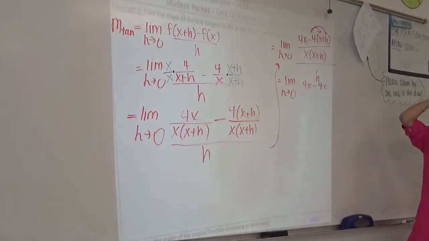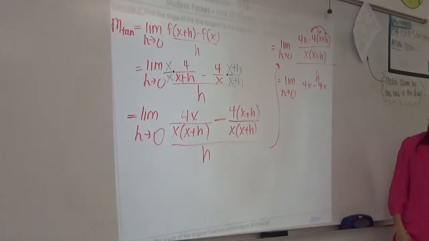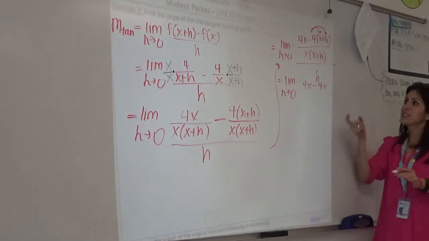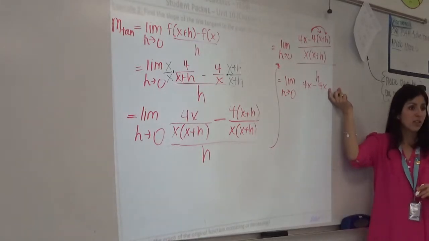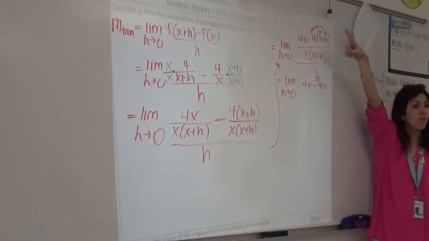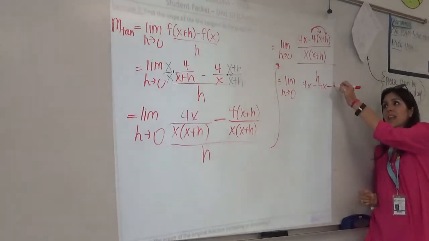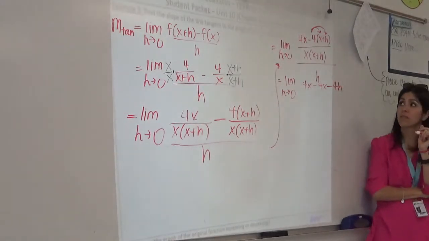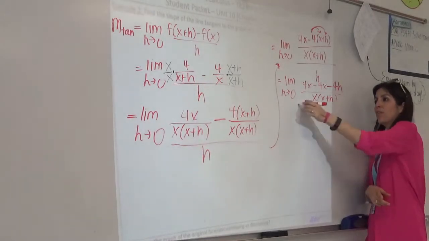As my second period was working a few minutes ago, one of the most common mistakes I saw was them on this next term putting a plus 4h in this situation. Keep in mind the 4 is negative, so I've got to bring the negative with me when I distribute to the second h. This is negative 4h right there. Over x times x plus h, over h.